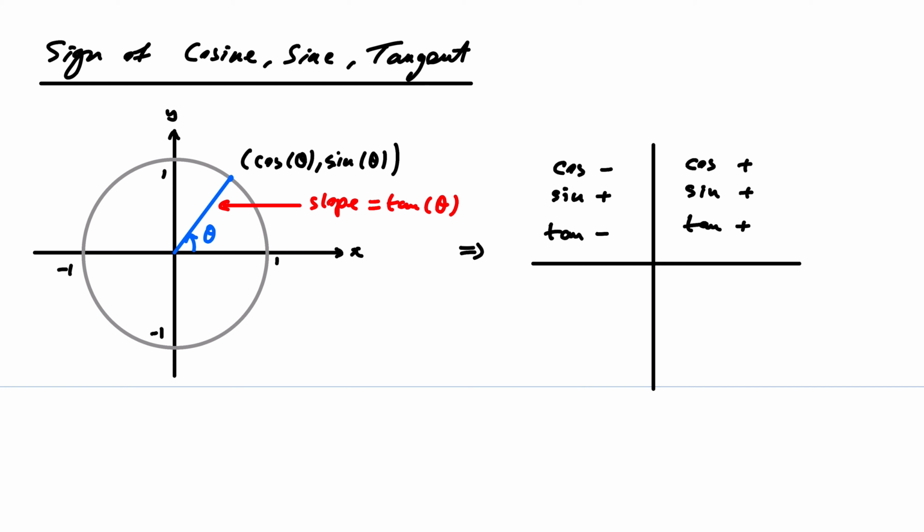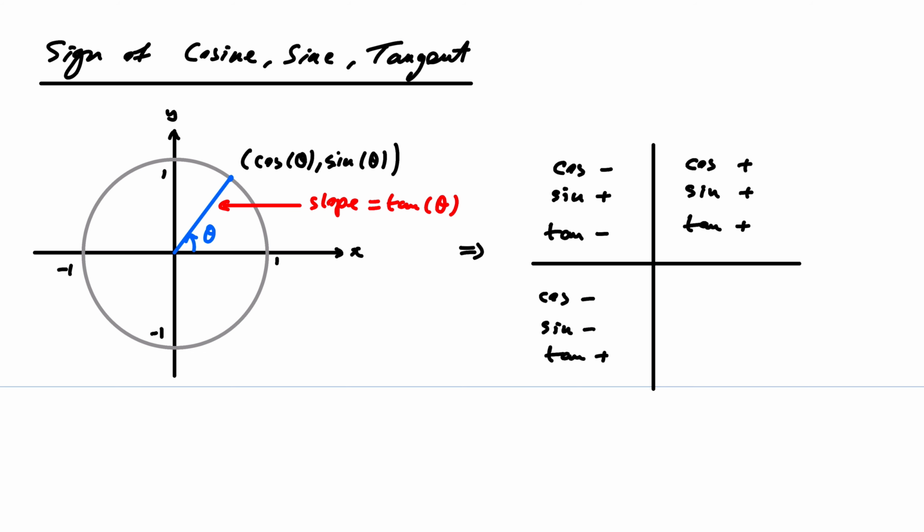By the time I get down to here, what's going on? Now both x and y are negative. So here cos is negative, sine is negative, but then, very nice, the slope becomes positive again. So tan is positive, because minus divided by minus is plus. Finally, on the other side, the x becomes positive, the y is negative, and of course the slope is negative.